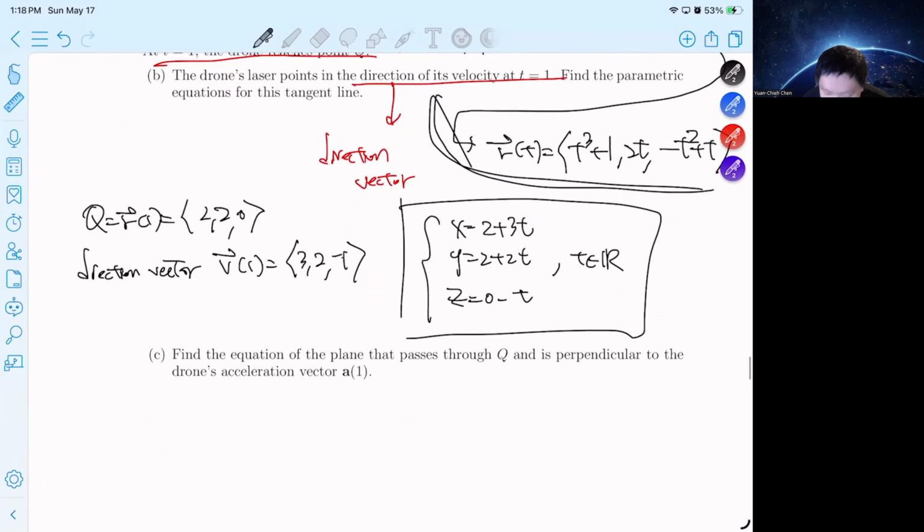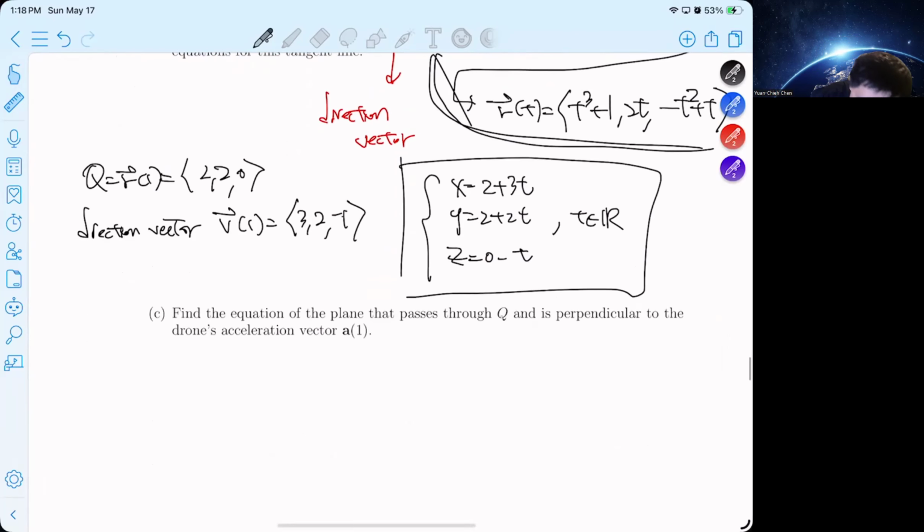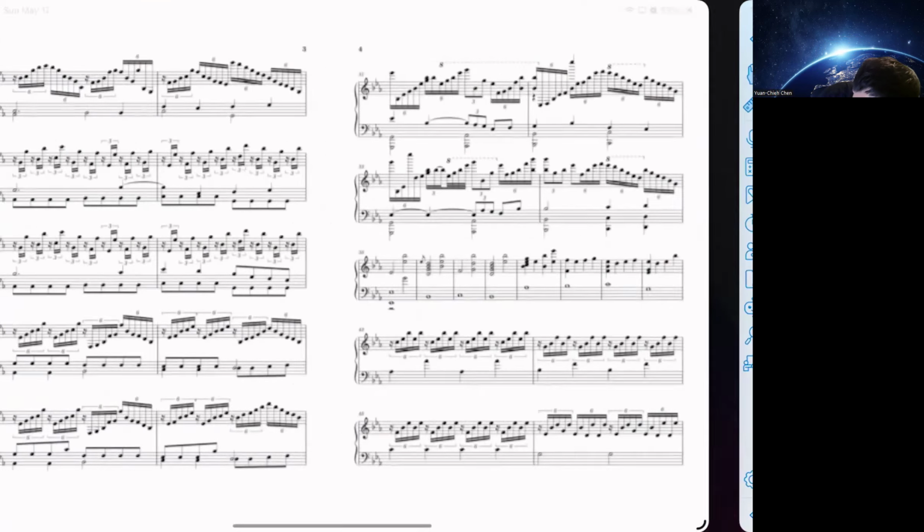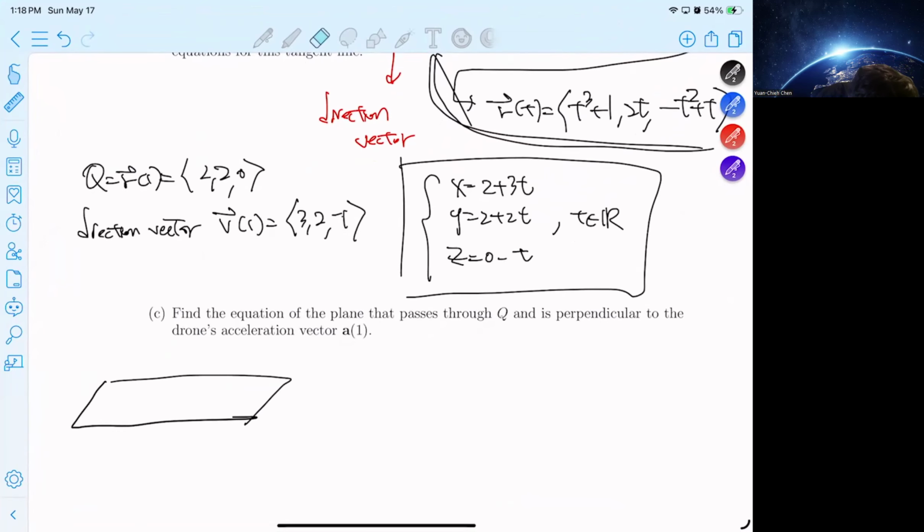So find the equation of the plane that passes through Q again and is perpendicular to the acceleration A1. So again, this is a plane. Q is on the plane and is perpendicular to the acceleration. So this is A1, perpendicular. So this is my normal vector.